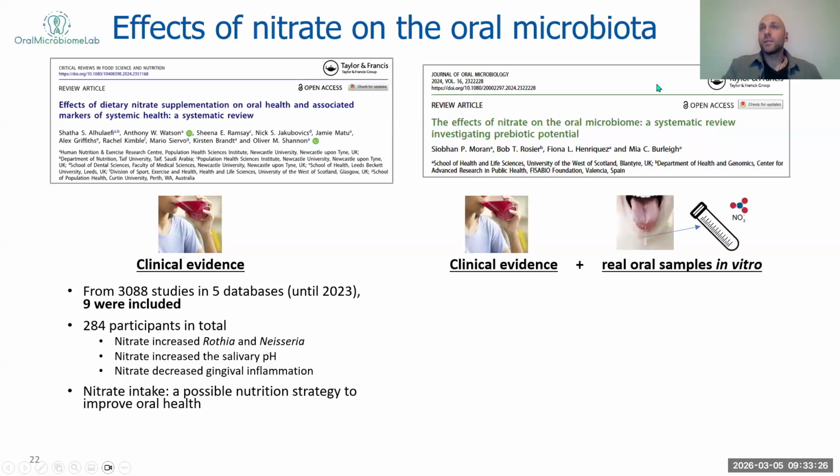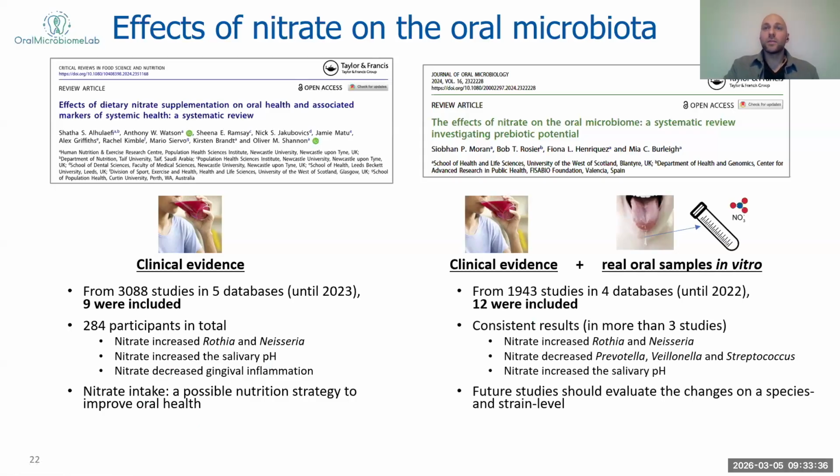In our systematic review, apart from clinical studies, we also added studies with real oral samples that were incubated in vitro. And we included 12 studies, and we found that there were some consistent results, including an increase in Rothia and Neisseria, a decrease in Prevotella, Veillonella, and Streptococcus, and an increase in the salivary pH.